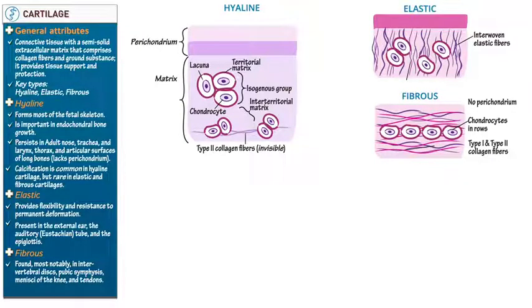Denote that the ground substance of the matrix, which is gel-like, comprises the following components: proteoglycan aggregates, which are bound to collagen fibrils and which provide a semi-solid structure to cartilage; chondronectin, which adheres collagen fibers to chondrocytes; and intercellular water, which is 60 to 80% of net weight of the cartilage.